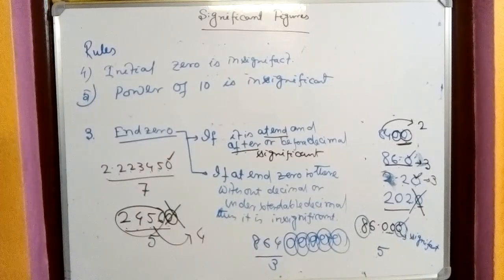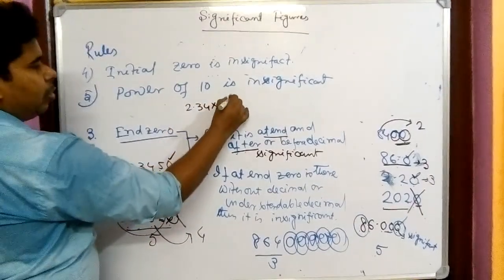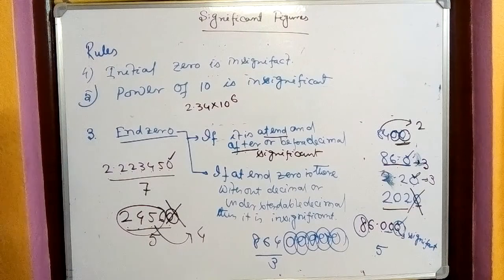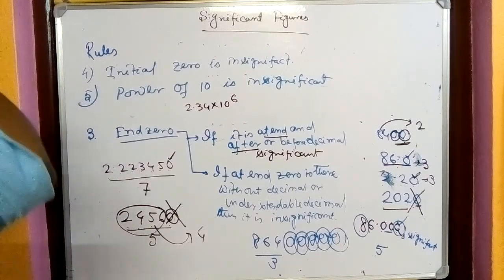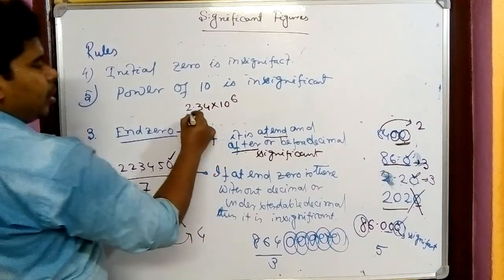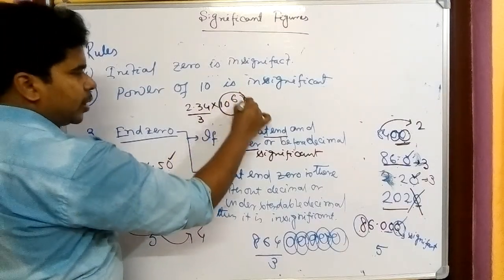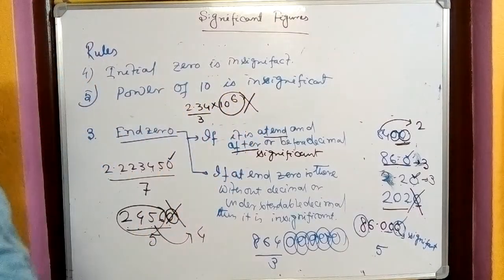Okay, how? If I am telling a number, assume it is 2.34 into 10 to the power 6. What will be the number of significant figures here? The number will be 3. This 10 to the power 6 is insignificant.